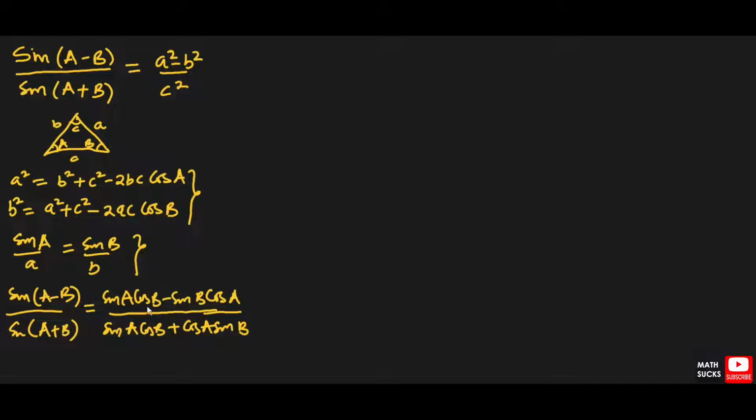So now what we have to ask ourselves, from what you can see from above here, when you are using the cosine rule, we can get cos A and cos B, and we see that this is cos A and this is cos B. So that means we can make a substitution.